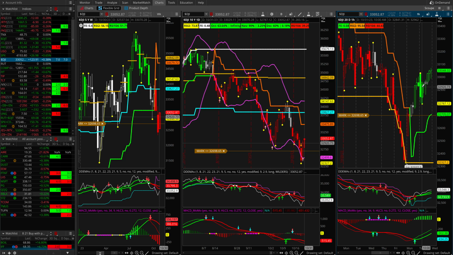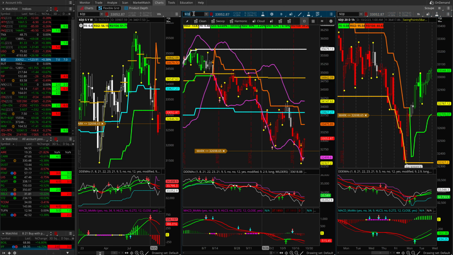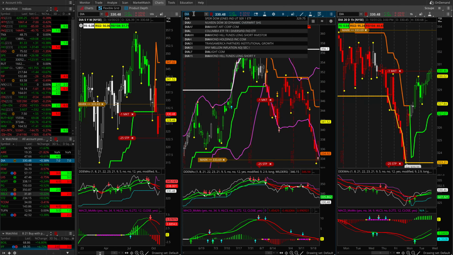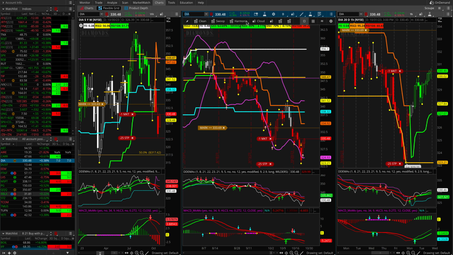And again, you can play the Diamonds, the Dow exchange traded fund. I'm actually waiting for it to pull back a little bit and then possibly get back in.